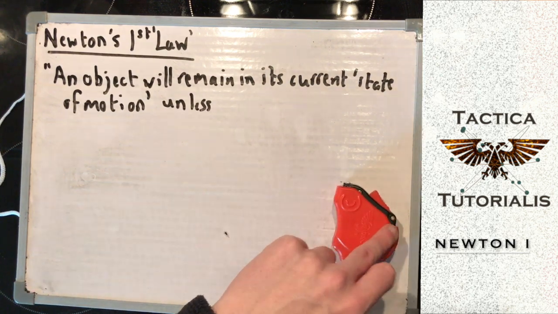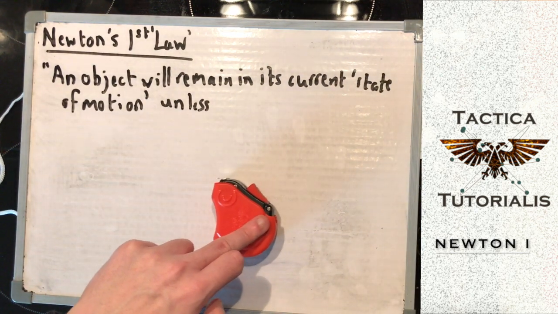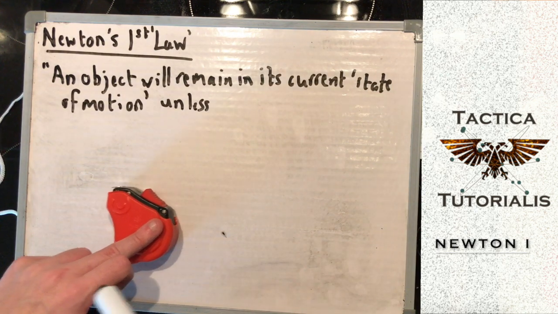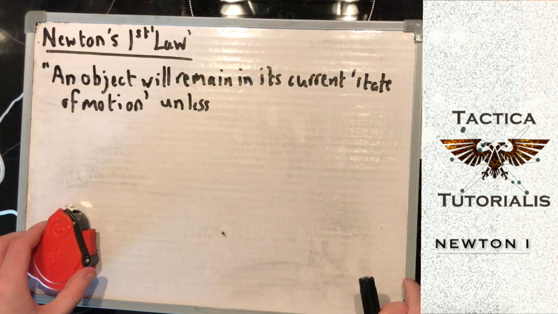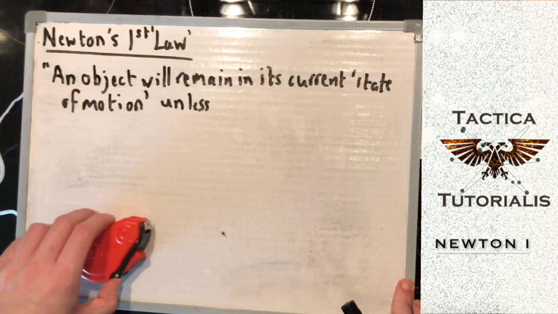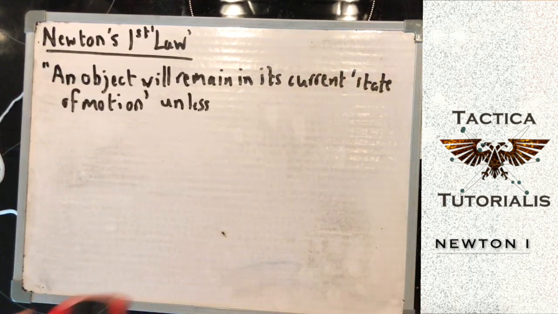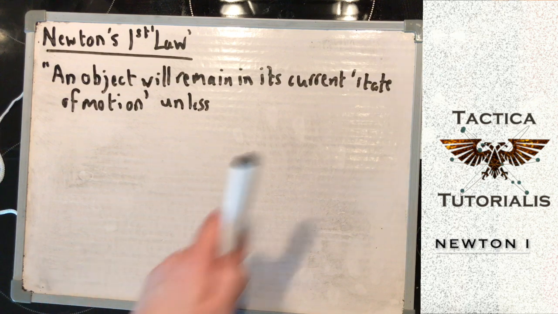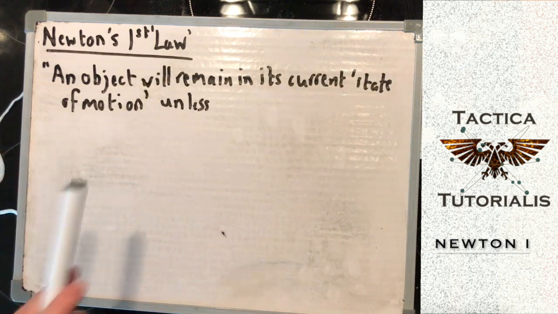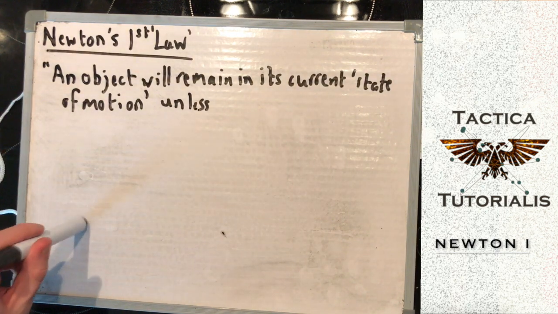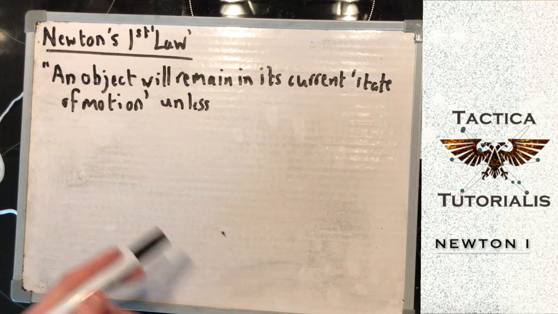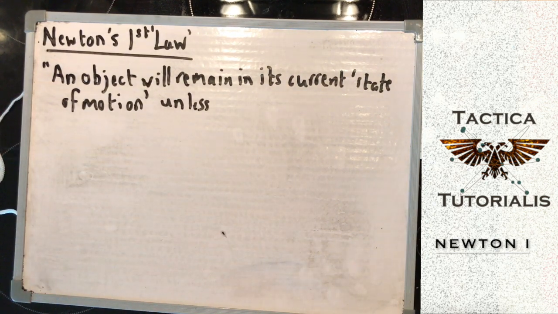That's roughly a constant speed. And that is also a state of motion. Now, when things start going around corners and accelerating and doing all of this stuff, it gets a bit more complex. Basically, a state of motion, as far as we need to understand it, is stationary or a constant speed. And we'll write some definitions down here.